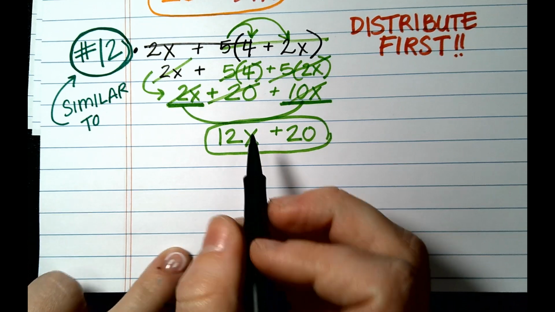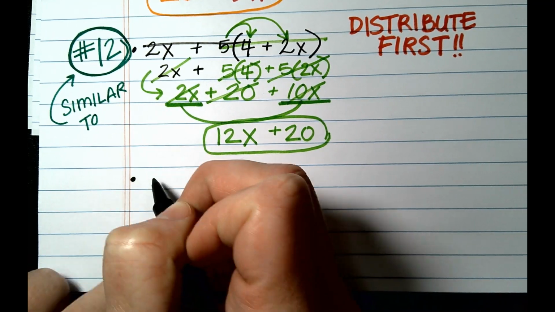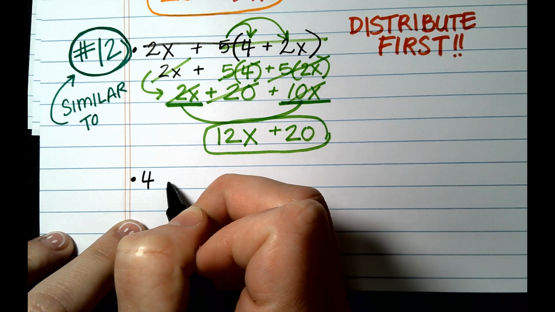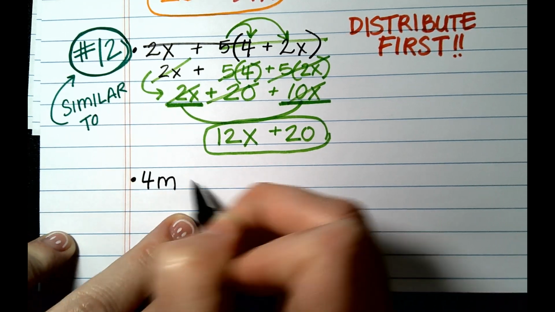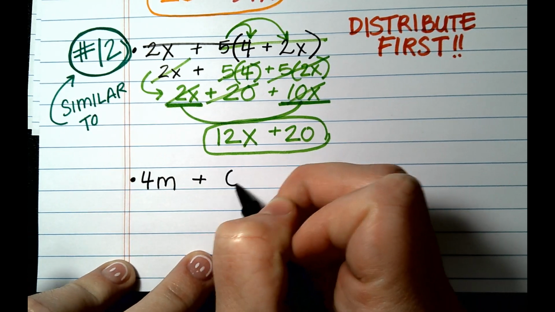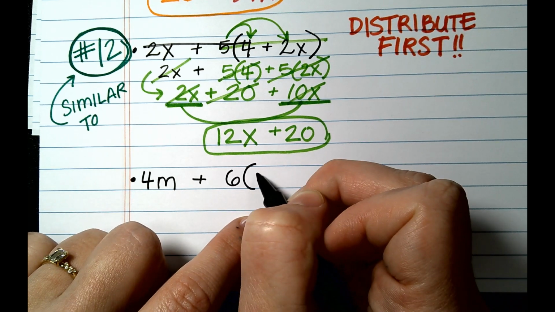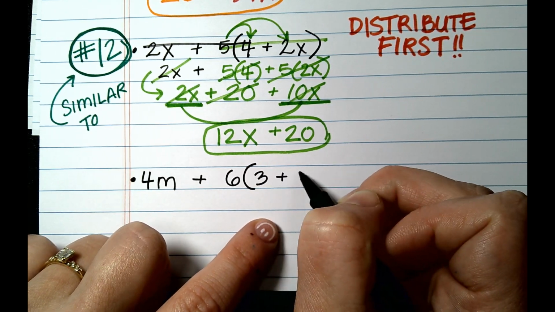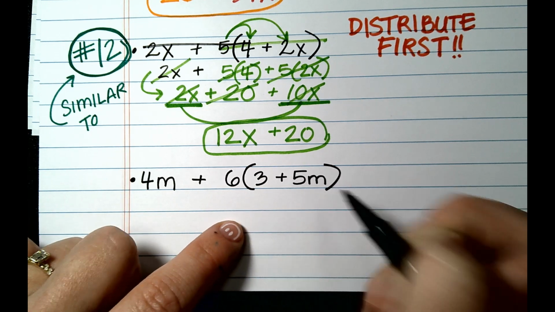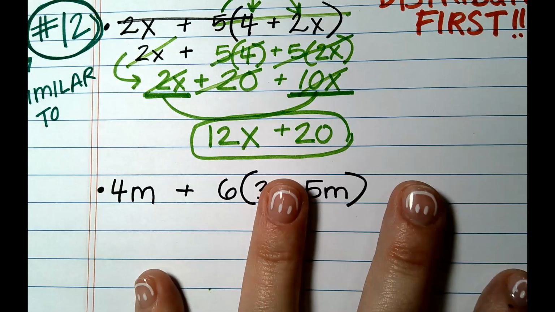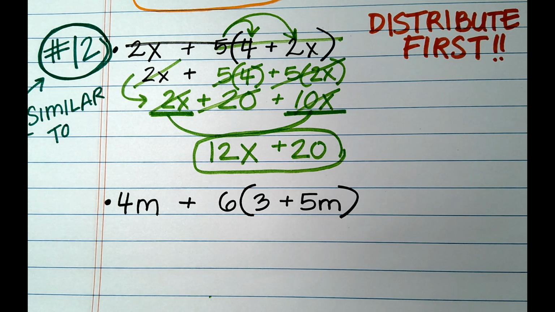Just one more. Let's do 4m plus 6 times 3 plus 5m.